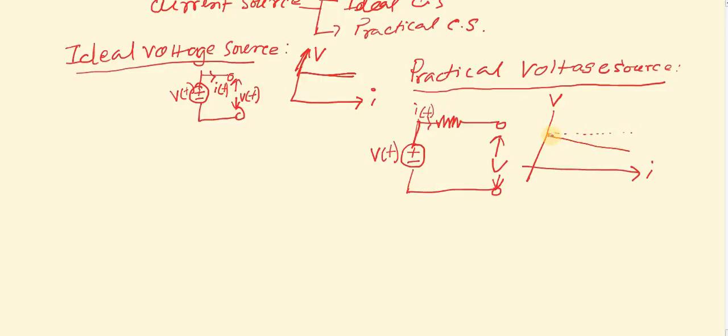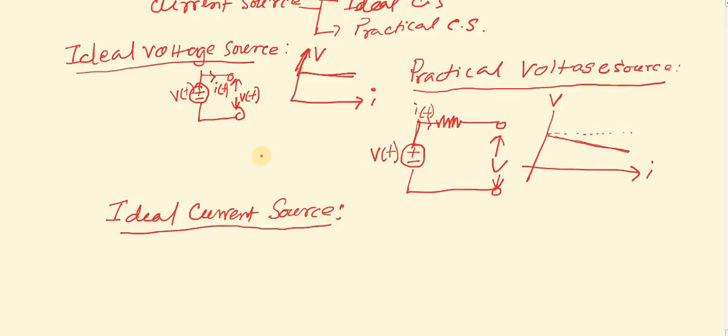This is the practical voltage characteristic for a practical or real voltage source. Now, after the ideal voltage source, next we will consider the ideal current source.